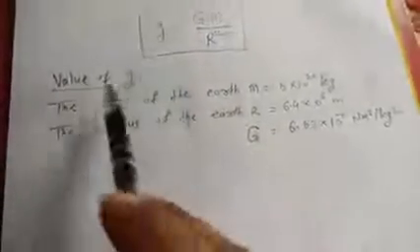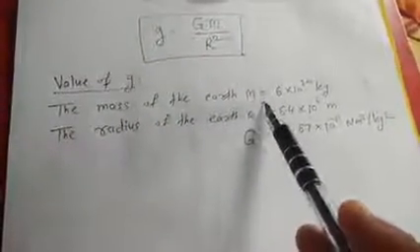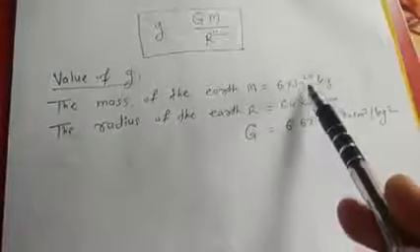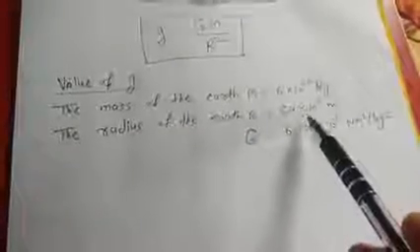Now let us find out the value of g. We know the mass of the earth, capital M, is equal to 6 into 10 raised to 24 kilogram. The radius of the earth, capital R, is equal to 6.4 into 10 raised to 6 meter.